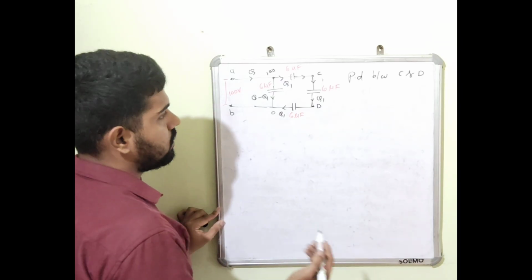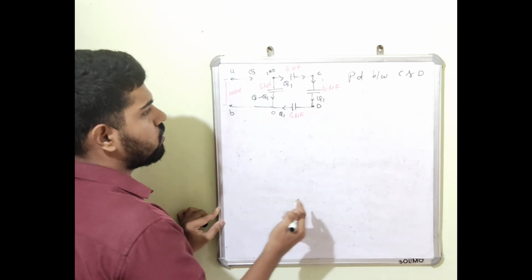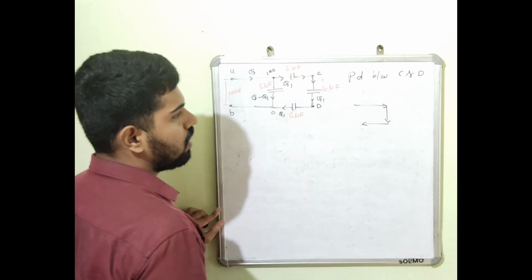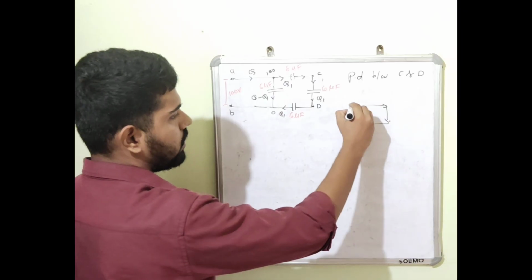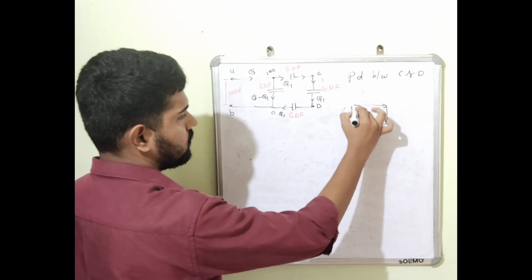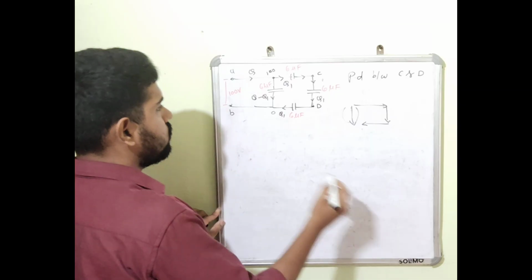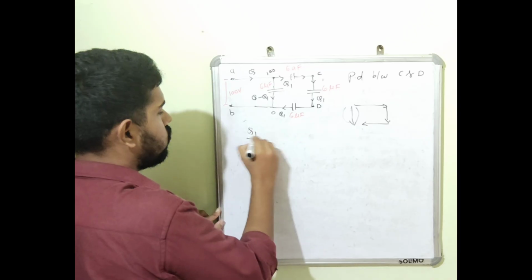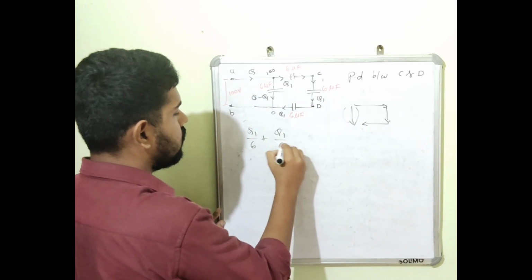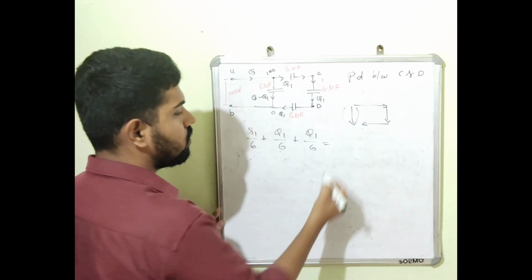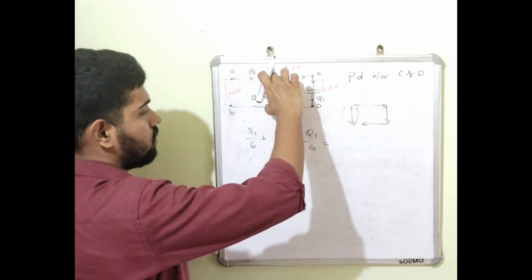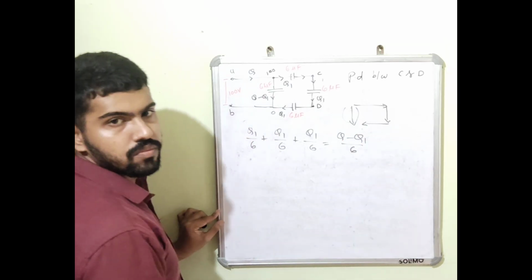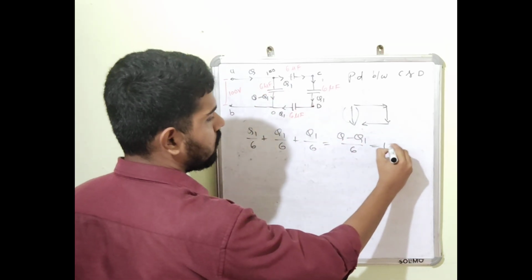So let us write the equation for this loop. Here we have to remember that the potential across this direction will be equal to potential across this direction. So we can write that the first potential on this capacitor is q1 by 6 plus next q1 by 6, next also q1 by 6, which is equal to the potential difference across this capacitance, that is q minus q1 by 6, which is 100 volt, we know already.